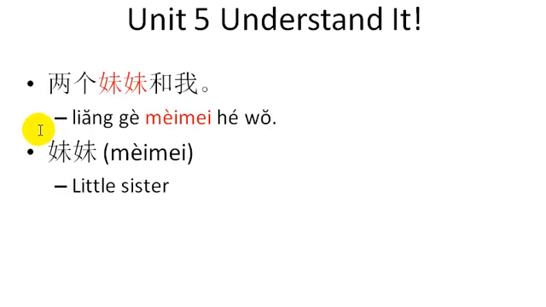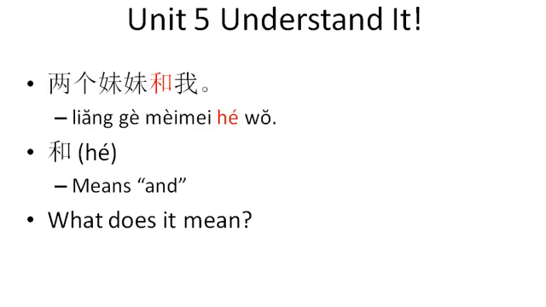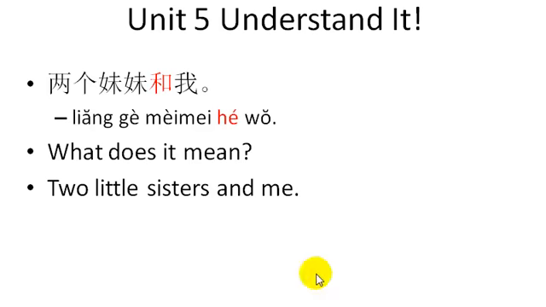So she just said mom, dad, and then brothers, 一个哥哥, a brother, and then 两个妹妹, and 和我. So this is the end of the sentence, so you should be able to figure out what 和 means. And if you guess that 和 means and, you are correct. 两个妹妹和我. So the meaning of this sentence should be pretty clear to you. 2 little sisters and me.